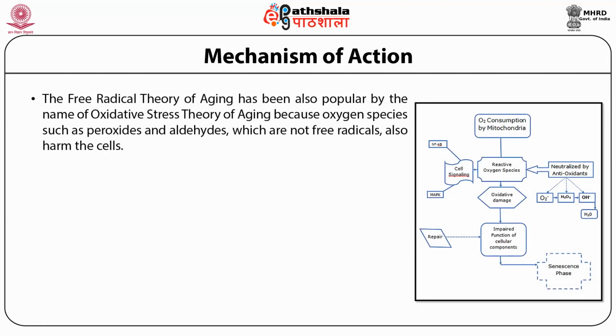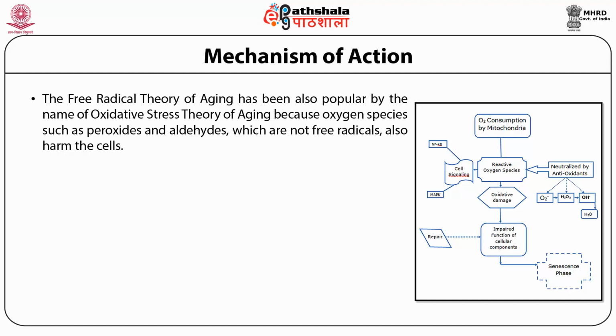The free radical theory of aging has also been popular by the name of the oxidative stress theory of aging, because the oxygen species such as peroxides and aldehydes, which are not free radicals, also harm the cells.